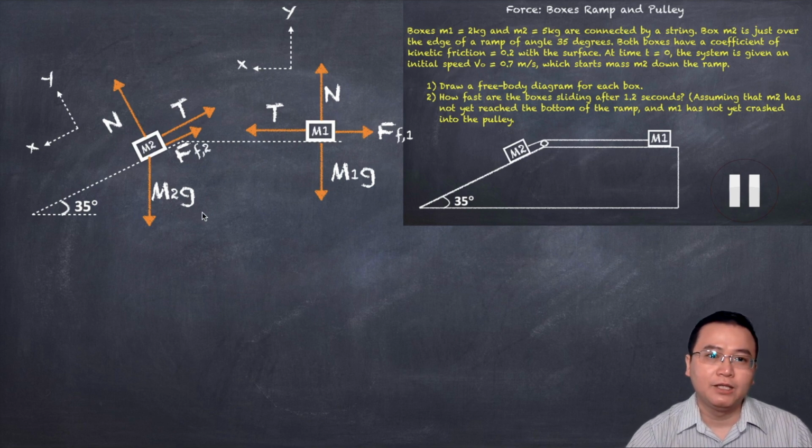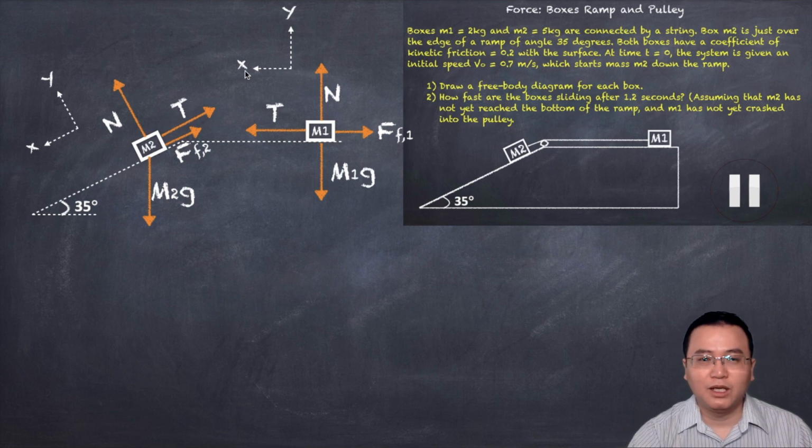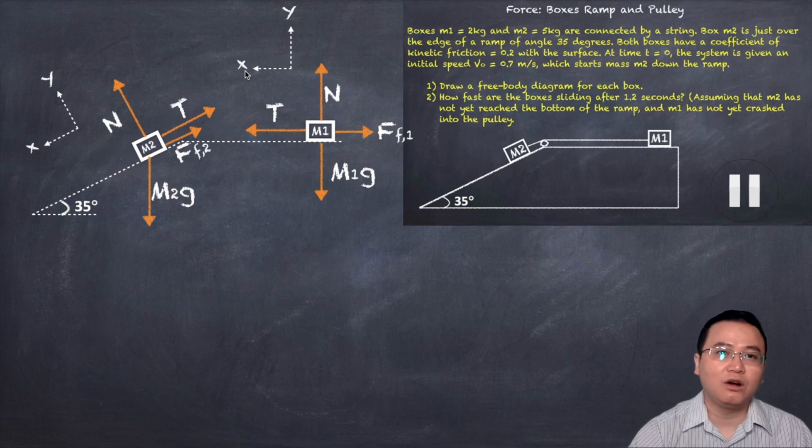If you observe very carefully, you'll notice how I have labeled it: the vertical component I'm going to call the y-axis, and the horizontal component I'm going to call the x-axis. The only difference here is that moving to the left is defined as positive. It doesn't matter what coordinate system you use, whether you call x up or y horizontal.